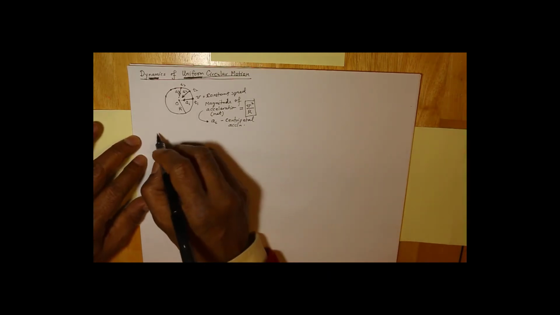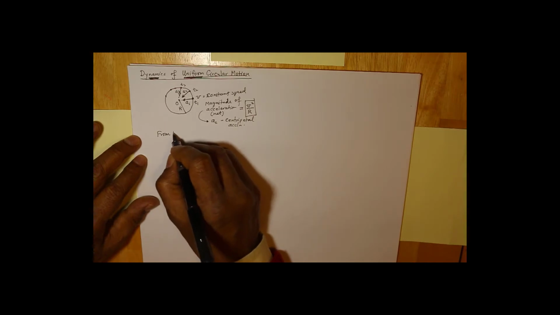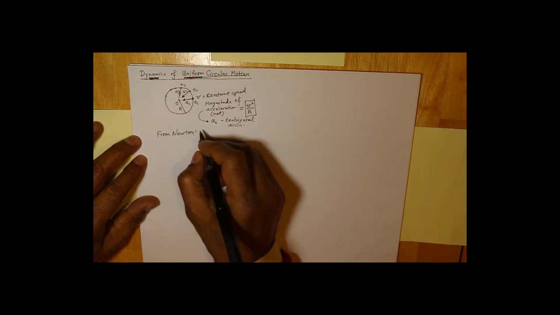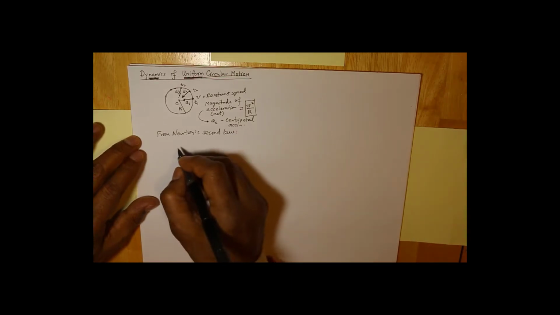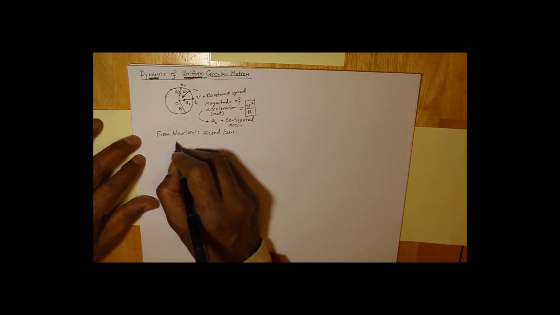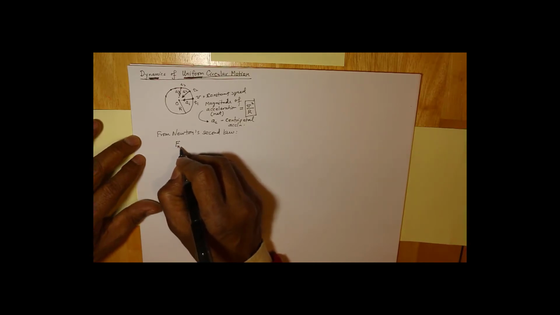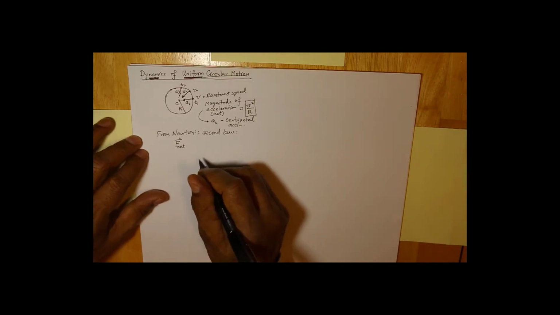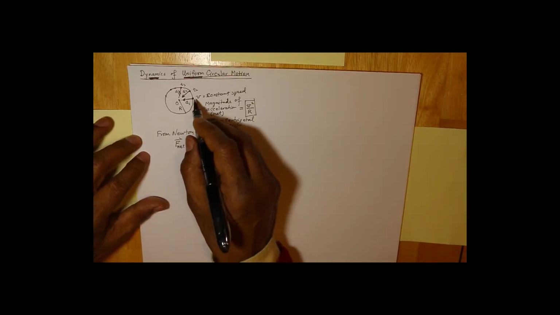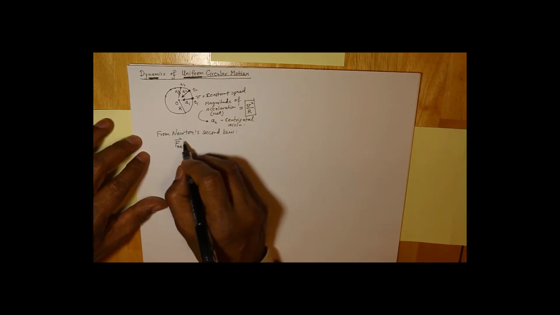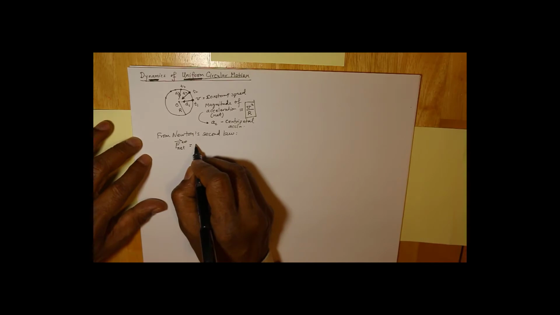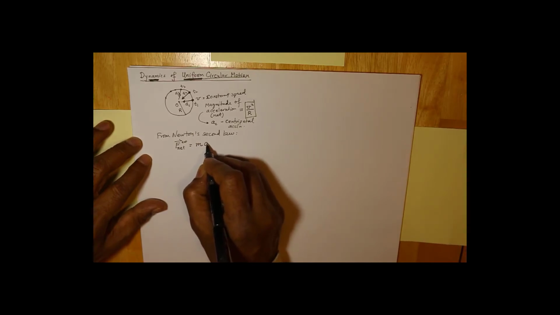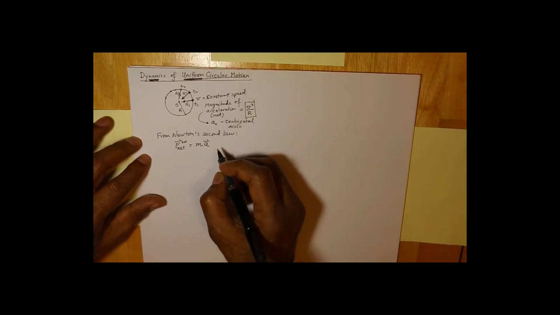From Newton's second law, we had earlier noted that the net of all external forces, external to whatever is moving, is the mass of the object times the net acceleration.